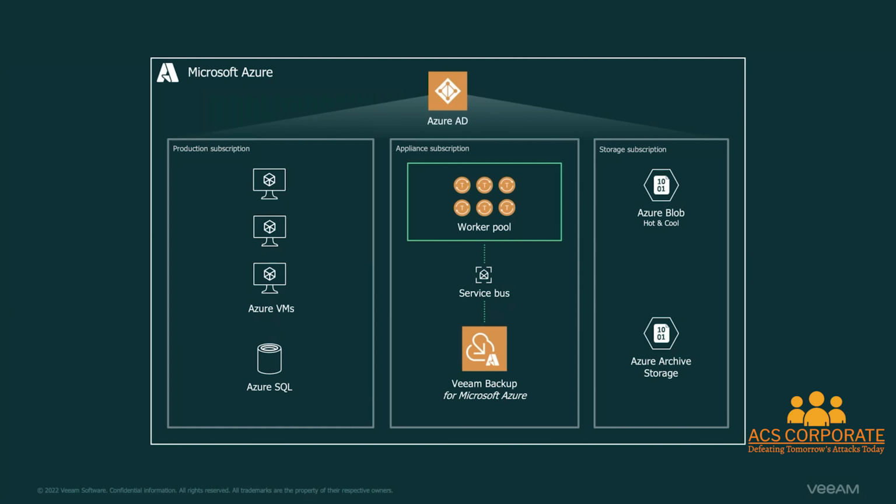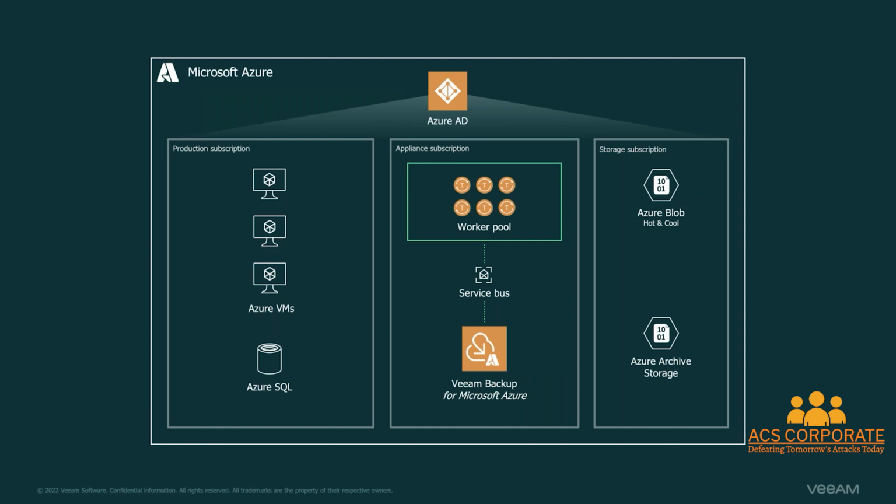And again, like you say, the fantastic thing about these is they're ephemeral, right? So we'll automatically spin them up and spin them down, so they're not constantly running in the background. Because again, in the public cloud, we're paying for all of the resources we consume. Why would we want to be consuming compute resources that these workers live on if they're not actually performing anything? So these workers are going to be used when we create an image-based backup of the snapshots and store those onto the object storage in Azure.